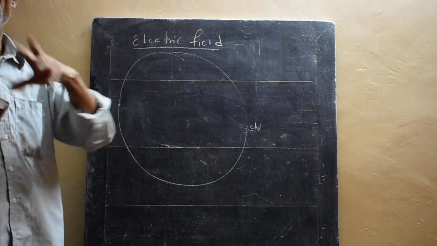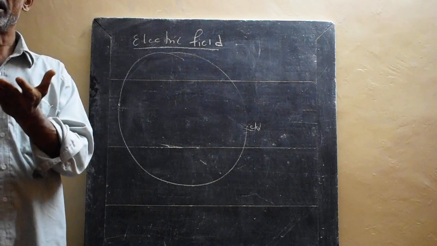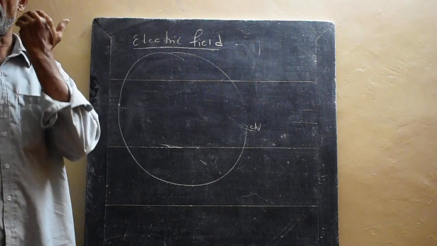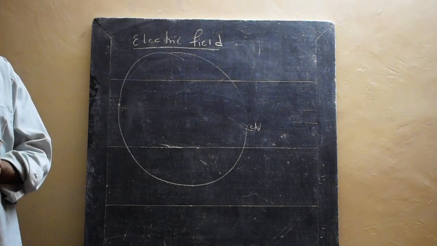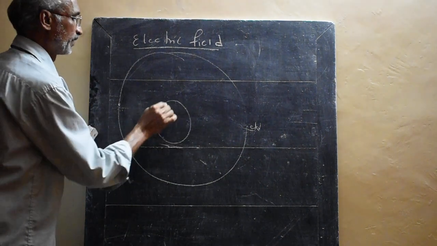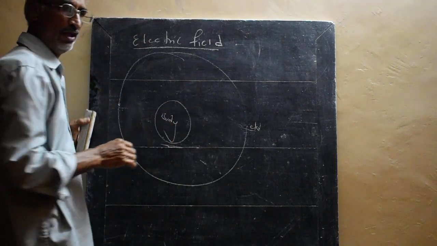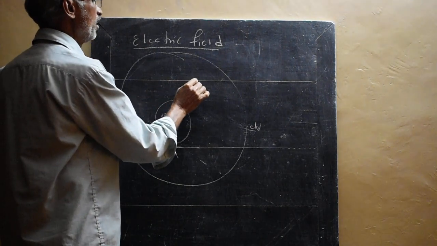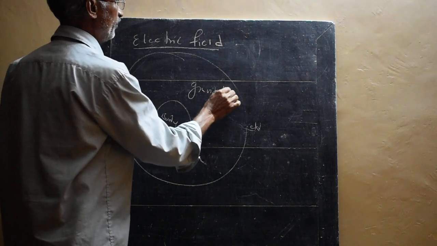Similarly, around every body, whether it is a magnetic or non-magnetic body, charged or uncharged, there is a field called the gravitational field. Here is the body, and around the body there is a field in space. That field is called the gravitational field.